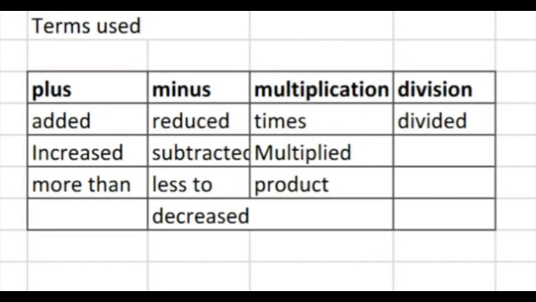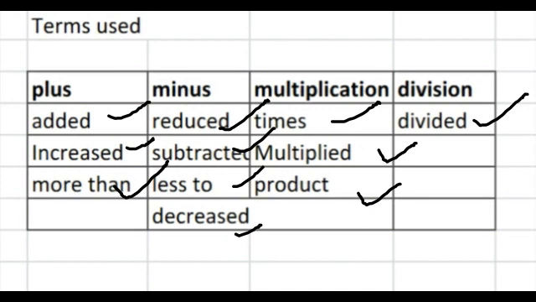Okay, my dear students, before moving to exercise 2.2, let me tell you the terms we use for the operations. That means plus, minus, multiplication and division, that is addition, subtraction, multiplication and division. For the symbol plus, we can use added, increased, more than, greater than, plus.